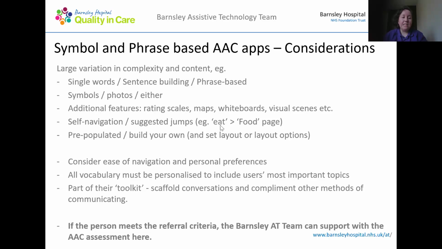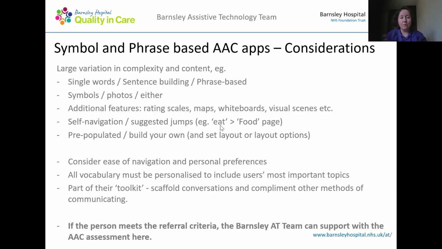But I just want to emphasise, we're here to support with this. We don't really expect local teams to be fully looking into all the different types of apps and deciding, oh, I think this is the right one for this person, because we can help with that. You could maybe get an indication through some of the apps you have that, oh, we tried this person with Let Me Talk, and I think they might benefit from something a bit more like Proloquo2Go, or something a bit more complex.